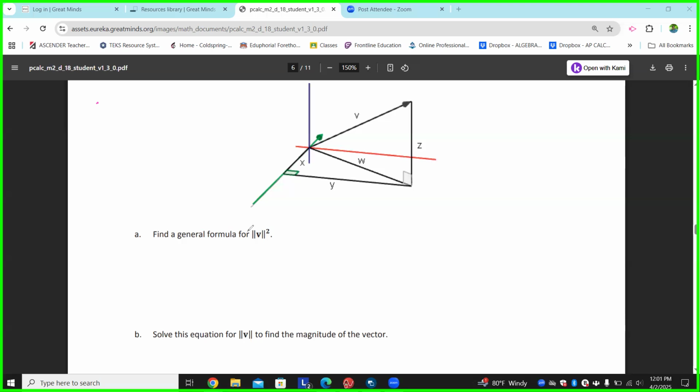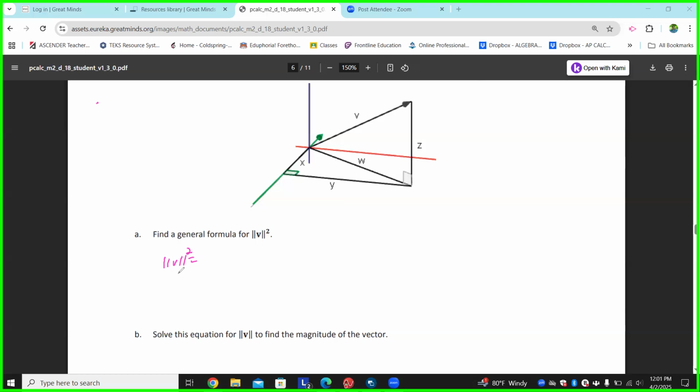So for this one here, define a general formula for the magnitude. They use this notation z squared here. Oh, we're leading into it. So what do these double brackets mean here? It means magnitude.